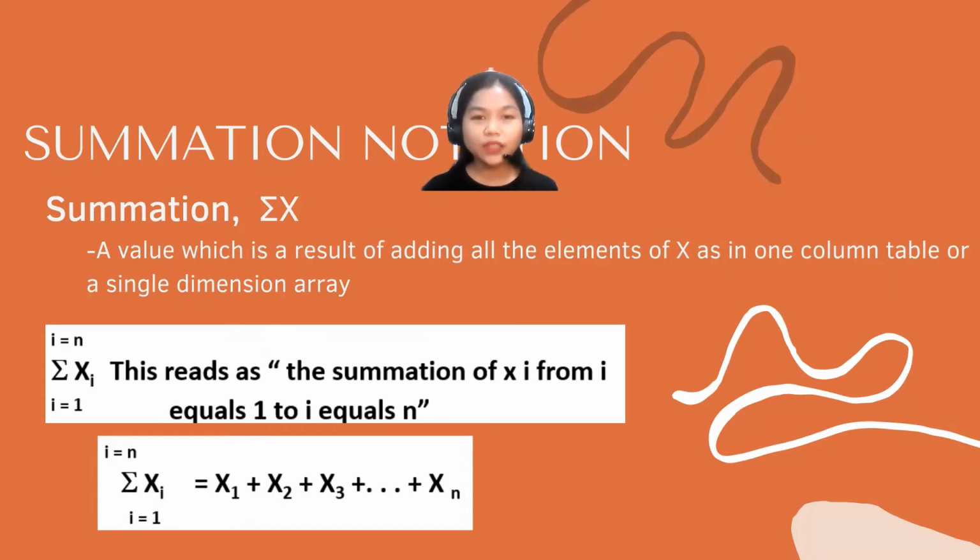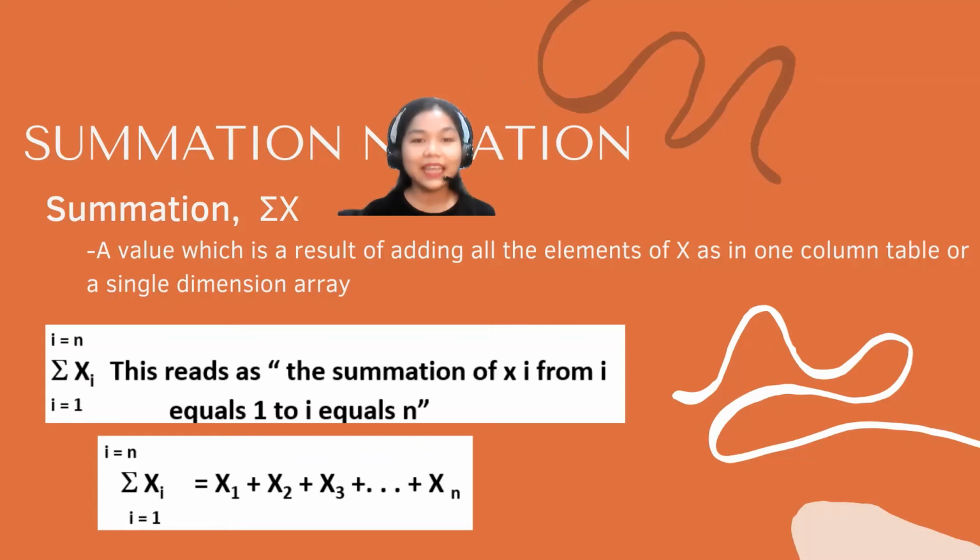We define it as a value which is the result of adding all the elements of x, or y if you are using y. Actually, you could use any letter, but for our example here, we are using x. So adding all the elements of x as in a one column table or a single dimension array.